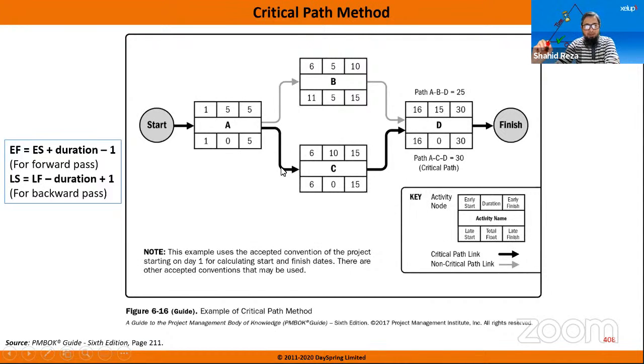And this bold black one is the critical path. In the software, it is always shown as red, but in PMBOK no color is used, so the critical path is shown as bold. And this one is the non-critical path. And this B has 5 days of float. For other tasks, there is no float. All right.